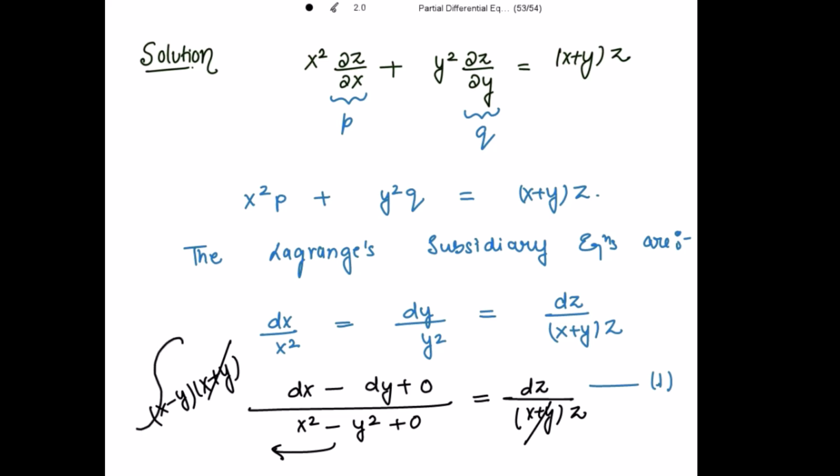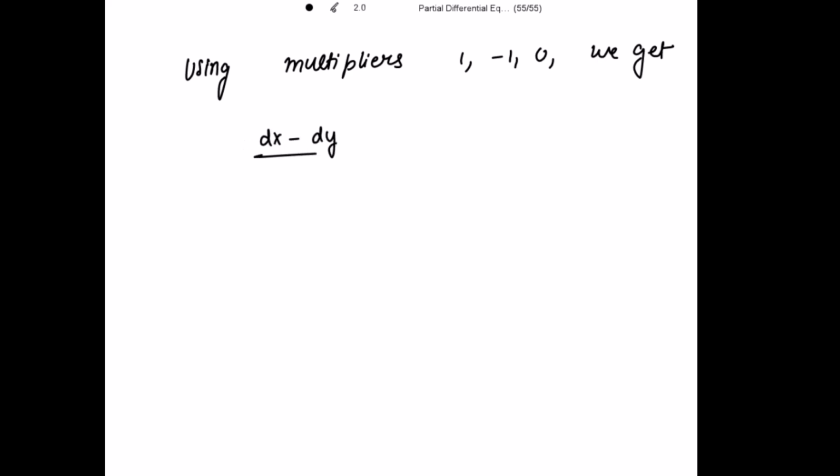So let's do this. Using the multipliers (1, -1, 0), we get (dx minus dy) divided by (x square minus y square) equal to dz divided by (x plus y) into z.